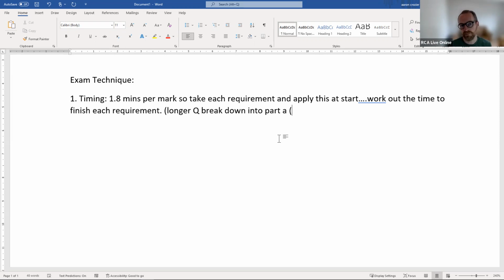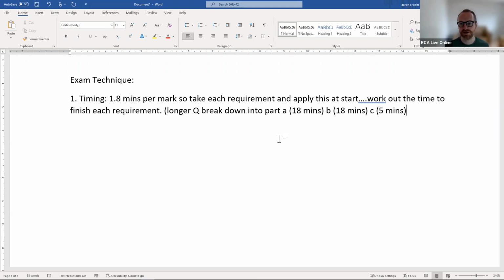Let's say the first bit's 10 marks, and then part B is maybe another 10 marks, so you've got 18 minutes. Then part C is maybe 3 marks. So what's 3 times 1.8? Let's just call it 5 minutes. It doesn't have to be exact.